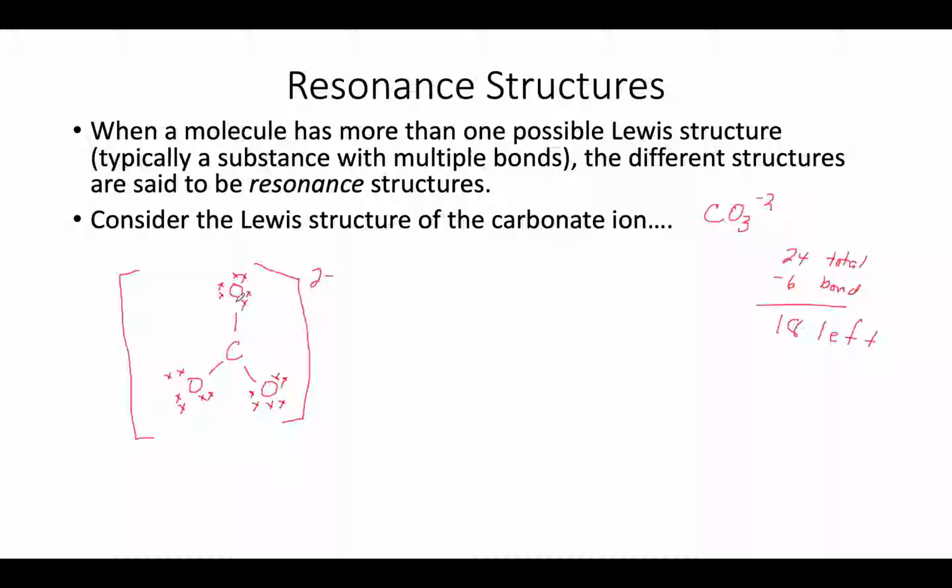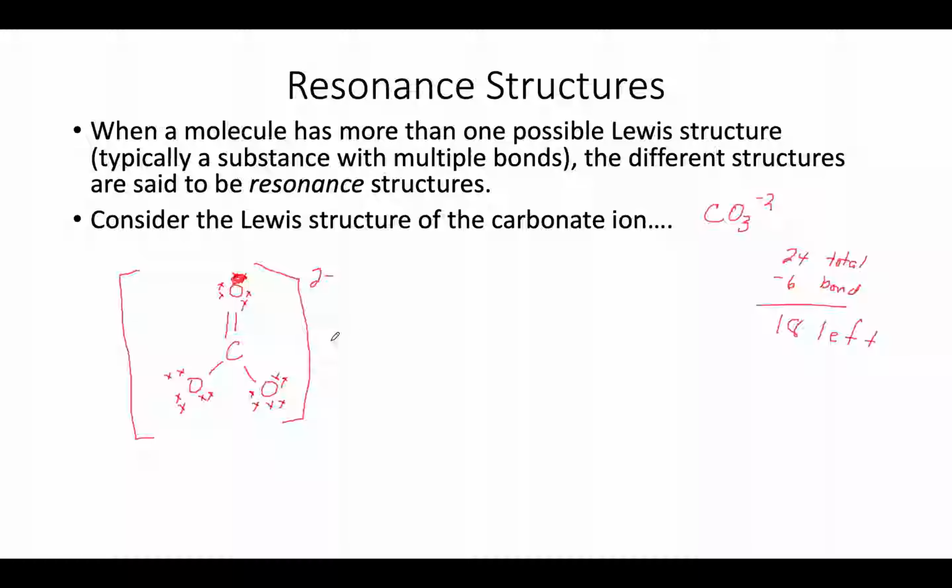I can't erase them and make a double bond. But as you can see, there's 8 valence electrons, 8 valence electrons, 8 valence electrons, and 6 around the carbon. So we've got to fix that. So I will take those two and make a double bond, and voila, the carbonate ion, and everyone's happy, relatively speaking.